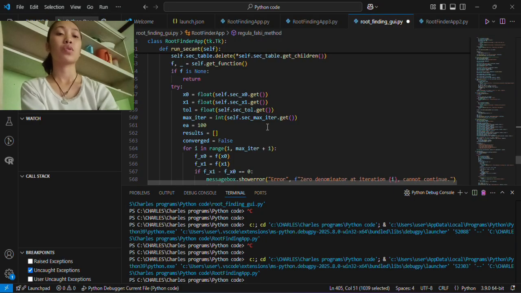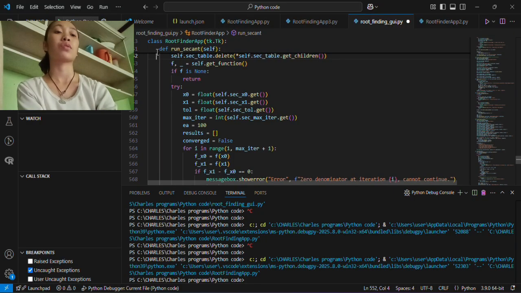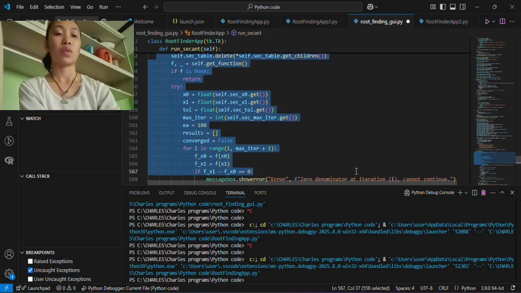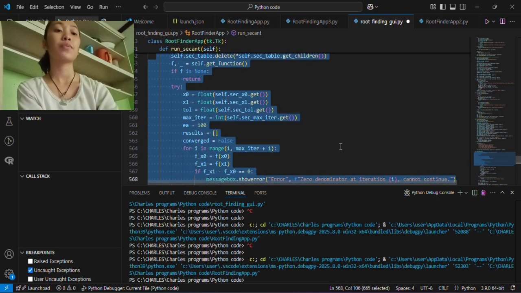The secant method code computes function values of x0 and x1. Next, it uses the secant formula to get the next root approximation. This code also calculates the error relative to the previous root.